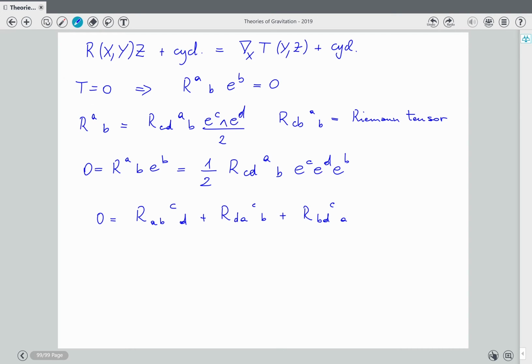We will also write this object as R_{ABCD}, because in physics language, that's how we order them. More frequently we will use this.